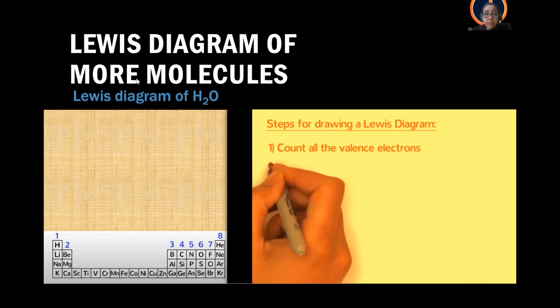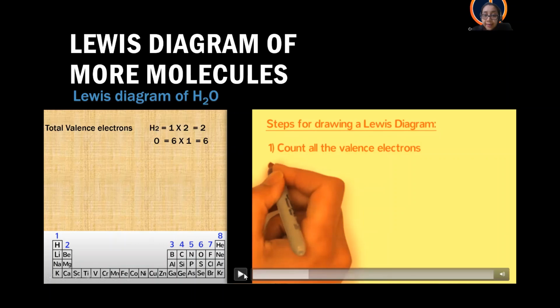For example, here we have H2O. That means we need to calculate the valence electrons of both hydrogen, that is 2 hydrogens, and 1 oxygen. Now, if you see here, we have calculated the total valence electrons as H2 as 1 times 2, and the oxygen as 6 times 1, that is 6.